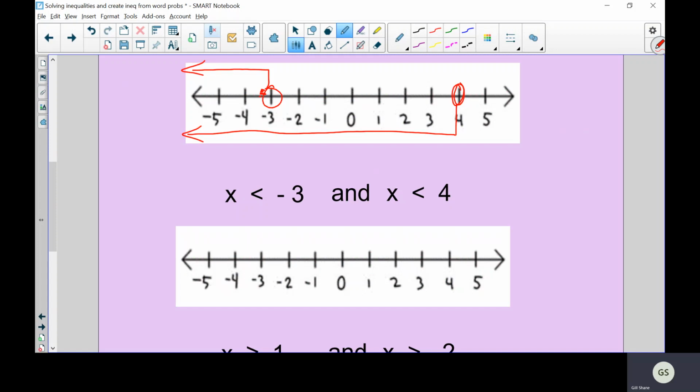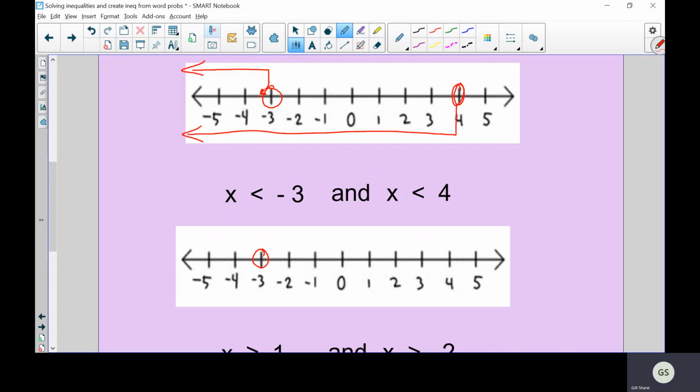The only section that is my answer is where I have 2 lines, 2 shadings, because this represents shading left and shading left. Is the number 3 going to be included in that? Is the number 3 a solution? So basically, should I shade that in? Definitely. Did I shade it twice up here?